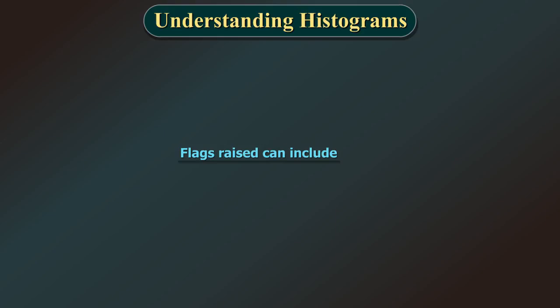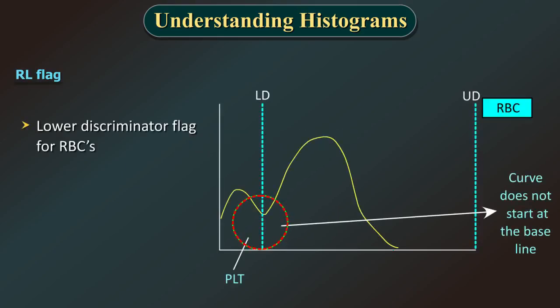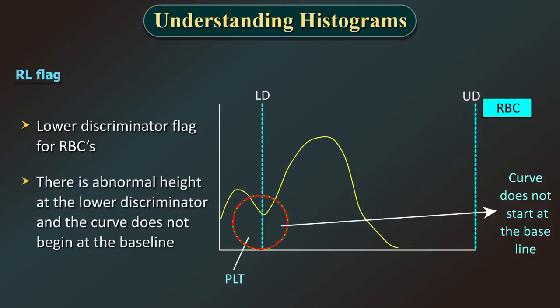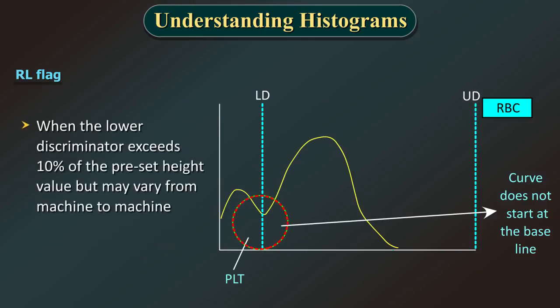Flags raised can include RL flag, lower discriminator flag for RBCs. There is abnormal height at the lower discriminator and the curve does not begin at the baseline. Generally, this happens when the lower discriminator exceeds 10% of the preset height value but may vary from machine to machine.